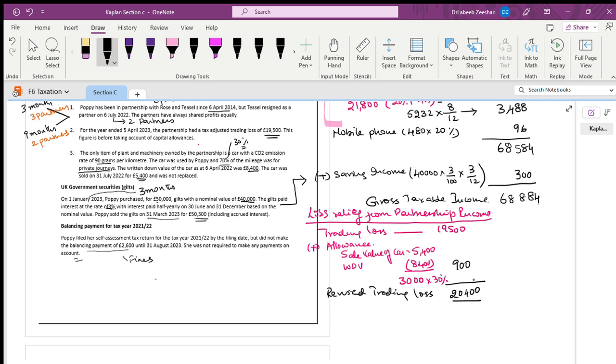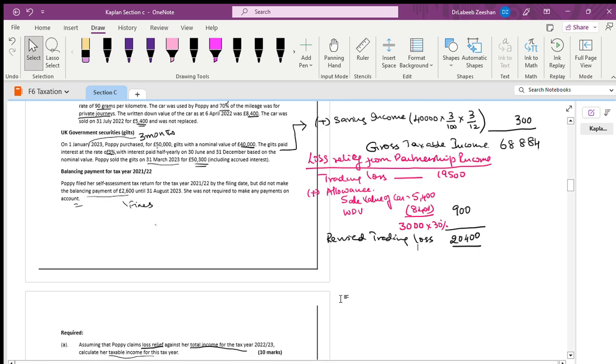In this revised trading loss, we have to take the share of Poppy.